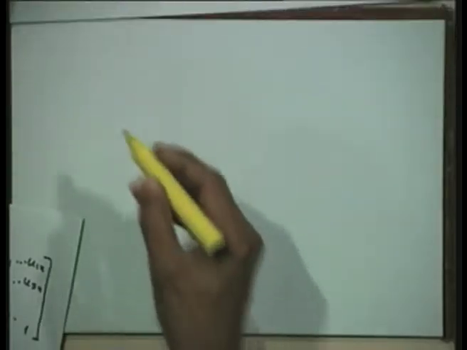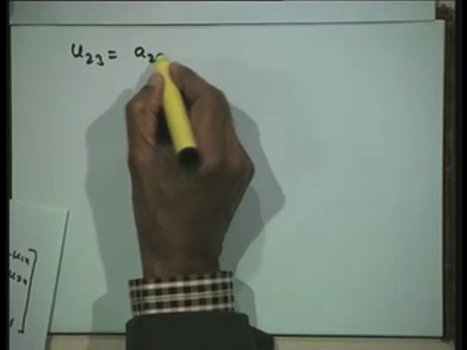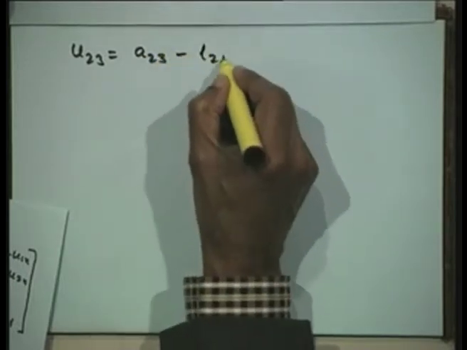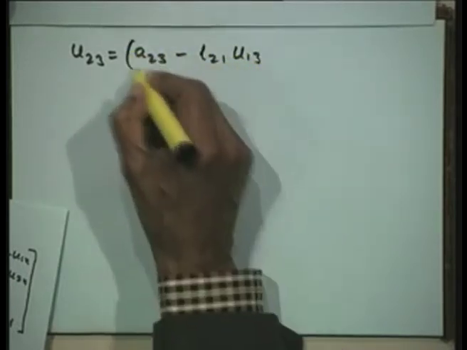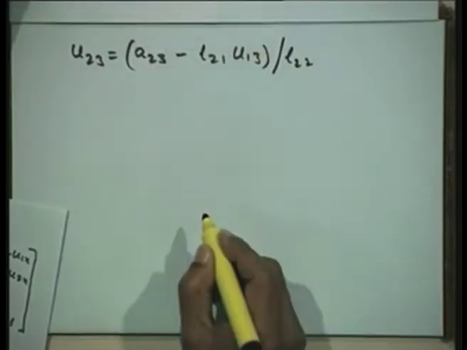So U23 is equal to A23 minus L21 U13 divided by L22.